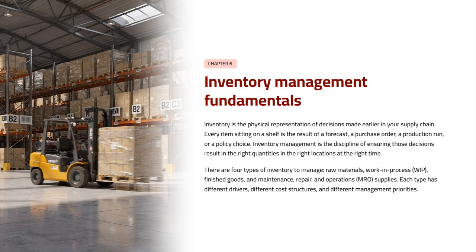There are 4 key types of inventory to keep track of: raw materials, work in process or WIP, finished goods, and MRO supplies, which are maintenance, repair, and operations items. Each of these categories has its own unique drivers, cost structures, and priorities when it comes to management.